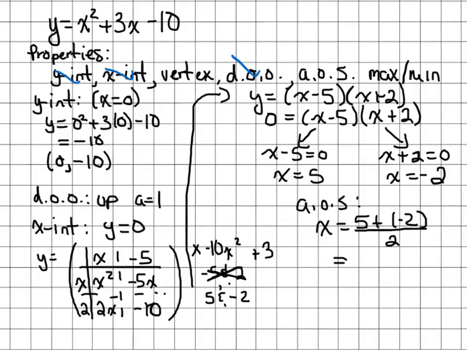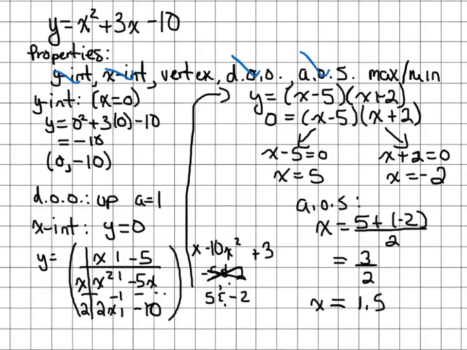So 5 plus minus 2 is 3 over 2. So that's 3 halves or 1.5. So we know that the axis of symmetry is where x is equal to 1.5. So now we have the axis of symmetry, so we can check that one off our list. And now all we need is to find the vertex and then the maximum or minimum.